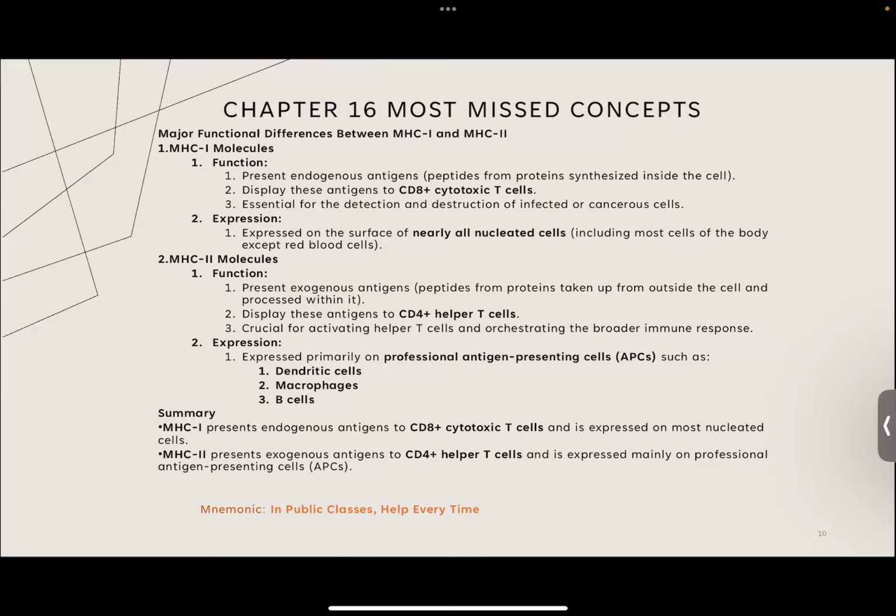The questions for chapter 16, obviously, knowing the differences between MHC1 and MHC2 is a major point for a lot of people. So MHC1 presents the outside stuff, interacts with CD8. MHC2, and now I'm getting myself, I circled endogenous and I said the opposite thing.